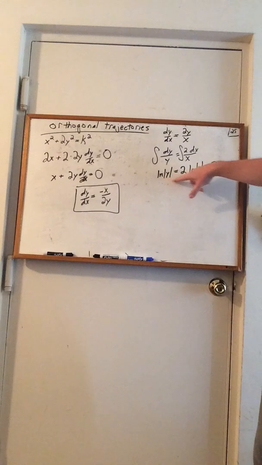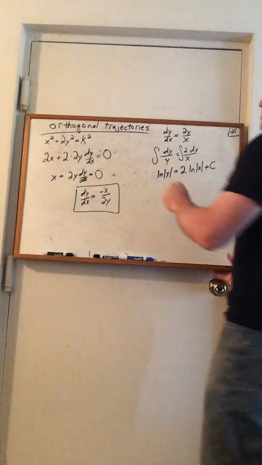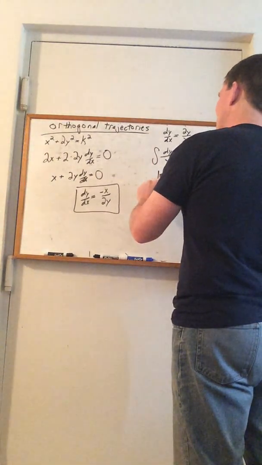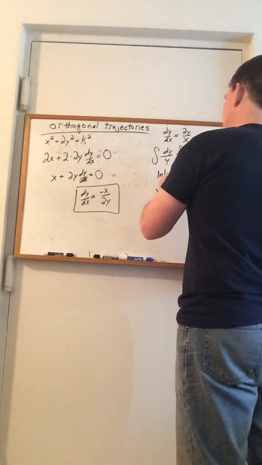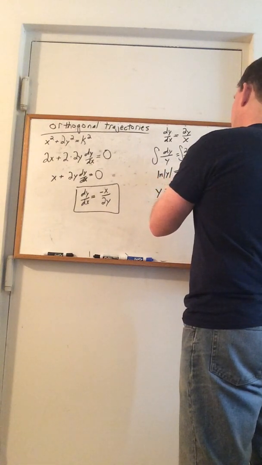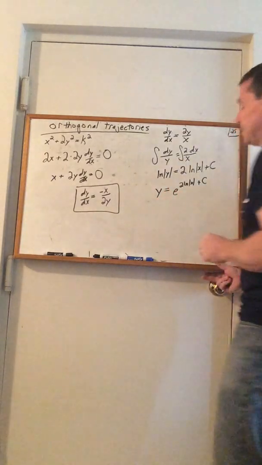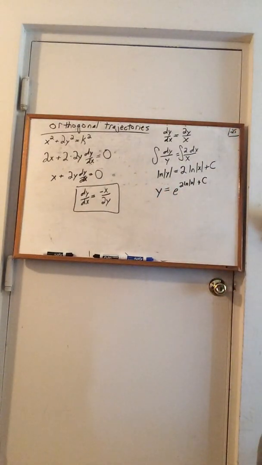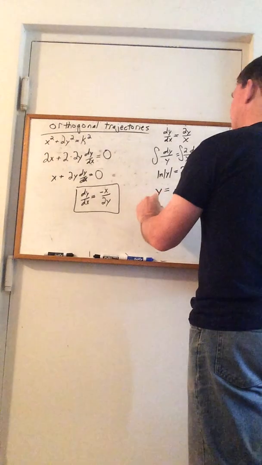Now I want to solve for y explicitly, so do e on both sides. E to the ln of y is y, equals e to the 2 ln x plus c. Now I'm going to manipulate this.